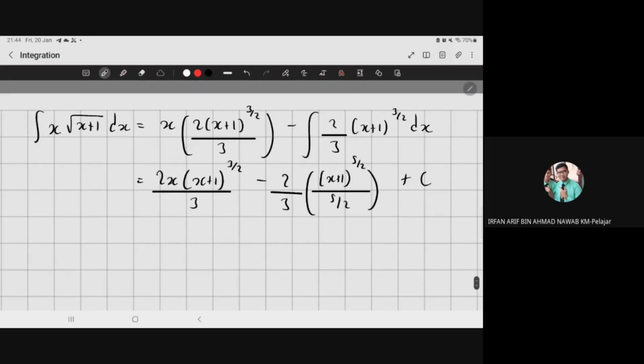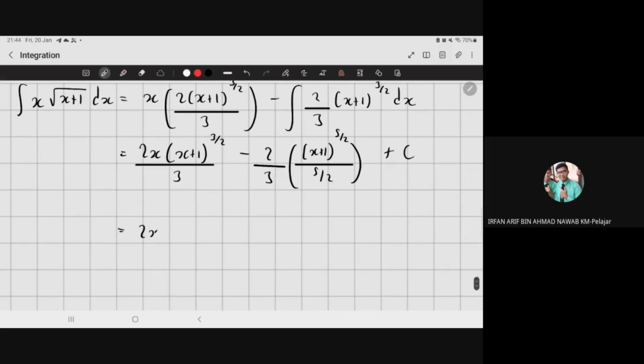And then you could move on to 2 times x plus 1 to the power 3 over 2 over 3 minus 2 over 3.